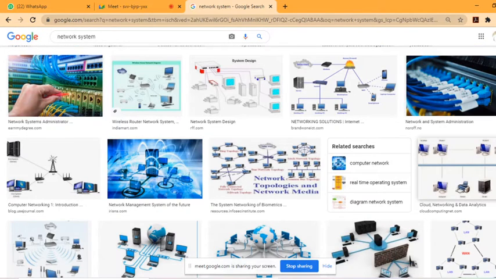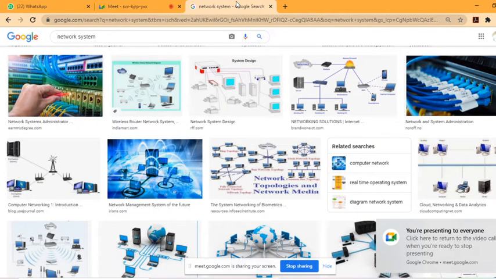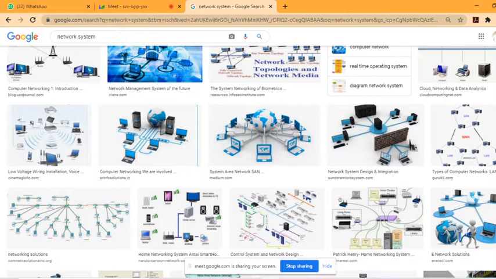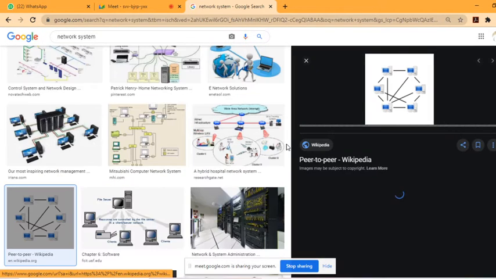So we have to analyze this type of systems. How? Yeah, we have to understand the structure of this type of network systems. Then we can easily analyze. Think about this type of system.